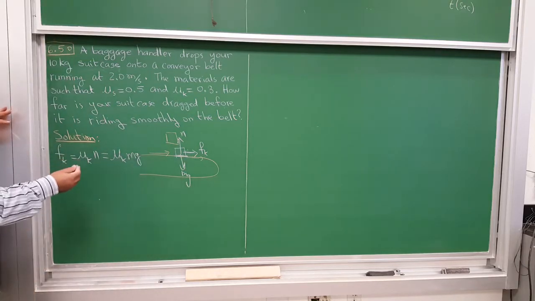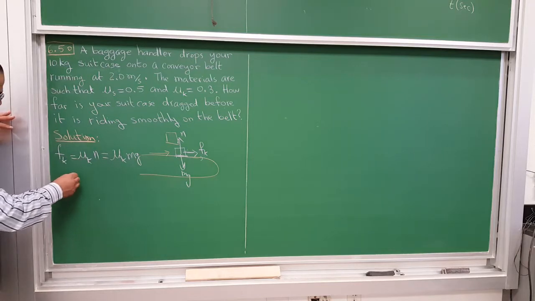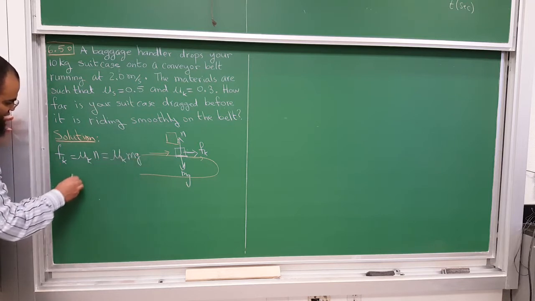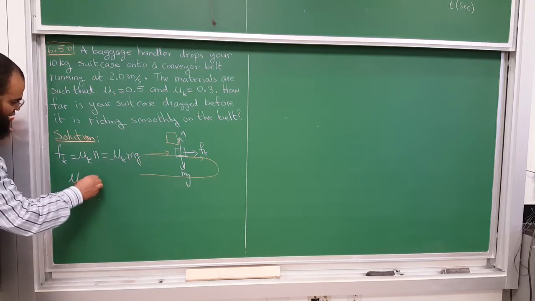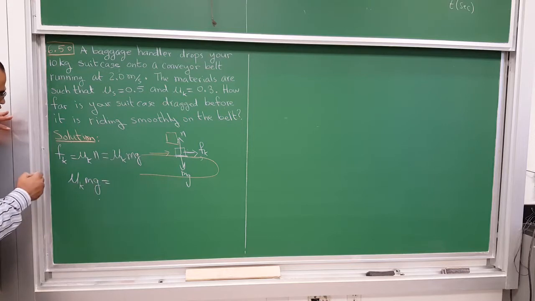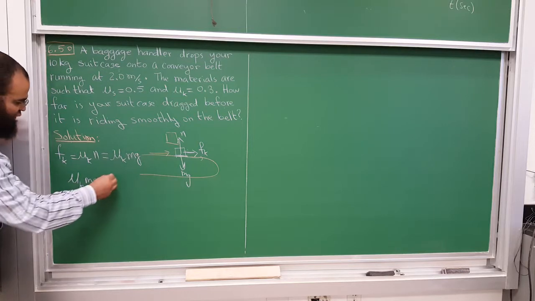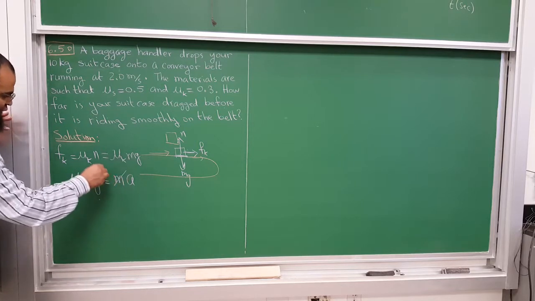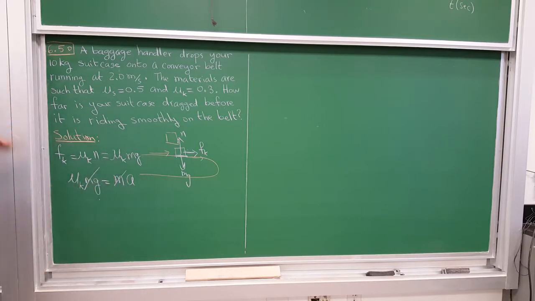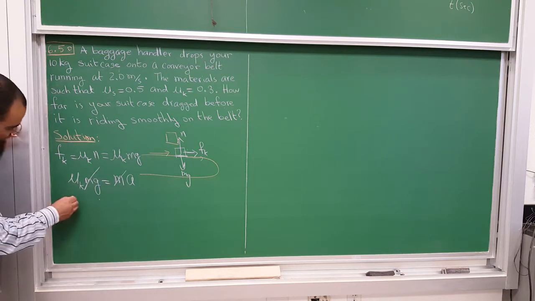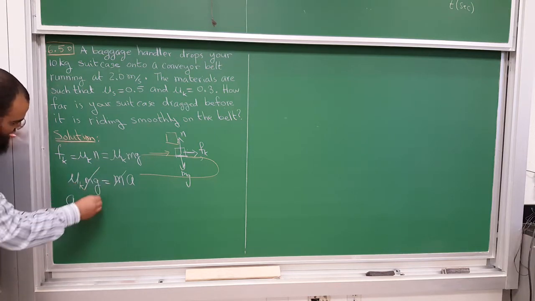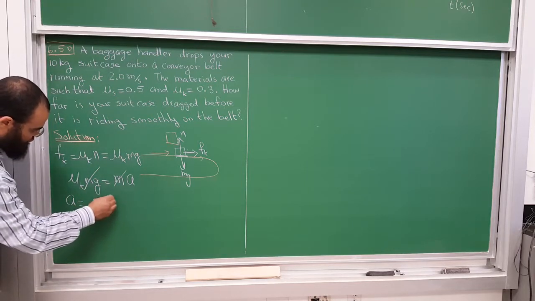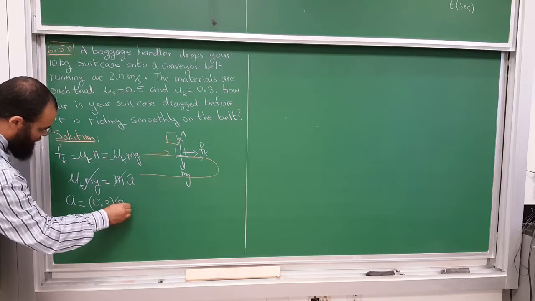So the net force in the x direction will equal the mass times acceleration. The net force in the x direction is just mu k mg. That's the force on the bag horizontally, and the net force on the bag will equal the mass of the bag times the acceleration of the bag. And so the mass of the bag cancels on both sides. So the acceleration of the bag will just be mu k times gravity, and mu k is 0.3 times 9.8.